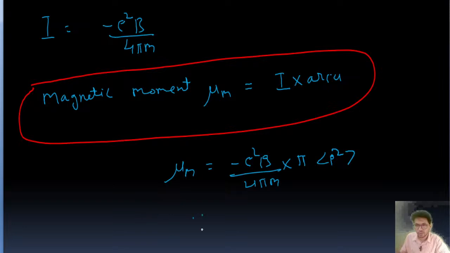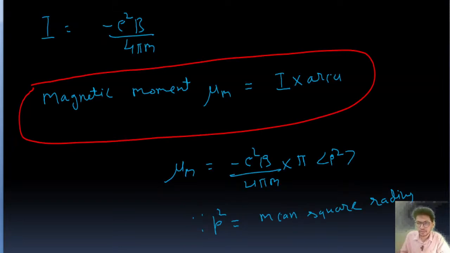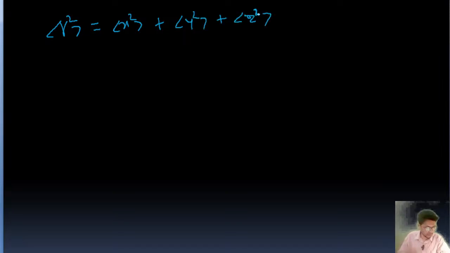Okay, so where P square is mean square radius, right? From here we can write, since we have this, the value of r square is the average value of x square plus average value of y square plus average value of z square.